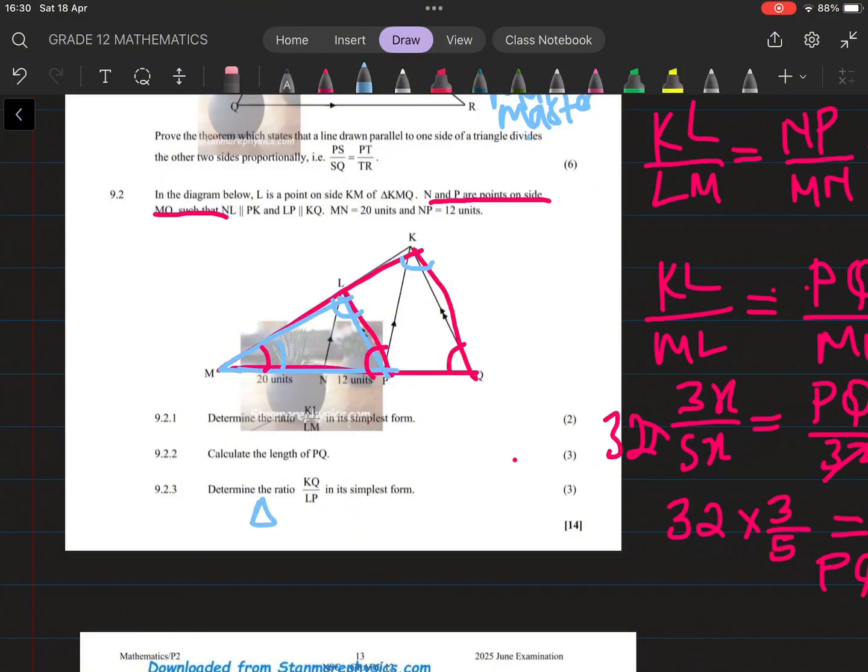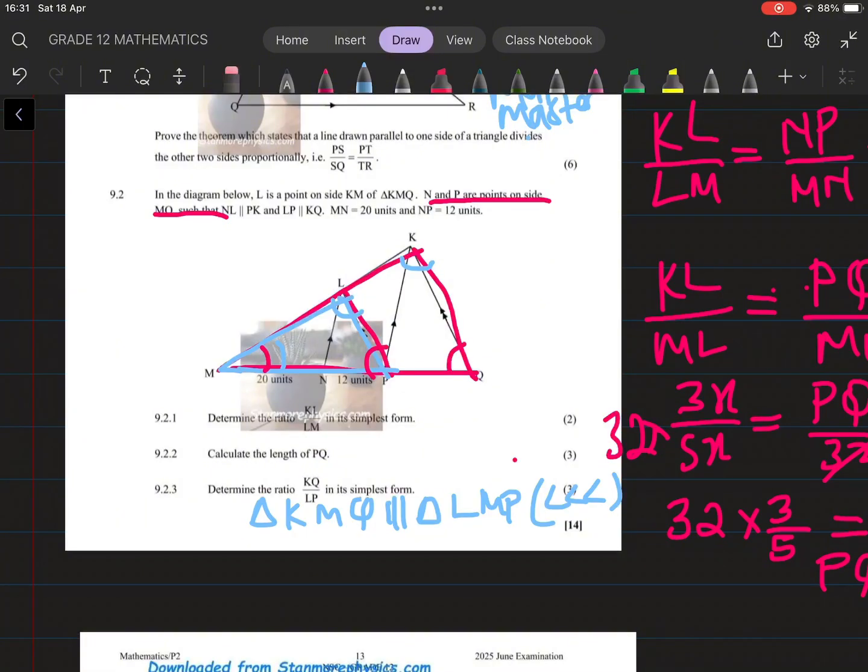LMP is similar to triangle KMQ. Those two triangles are equiangular, so they are similar. That tells us that their sides are in proportion.